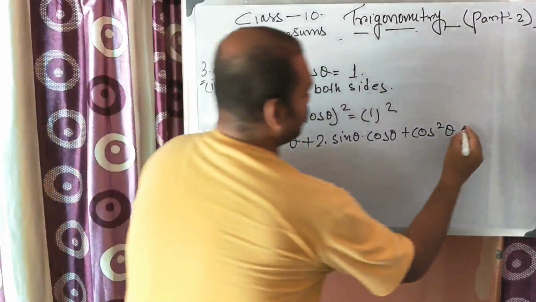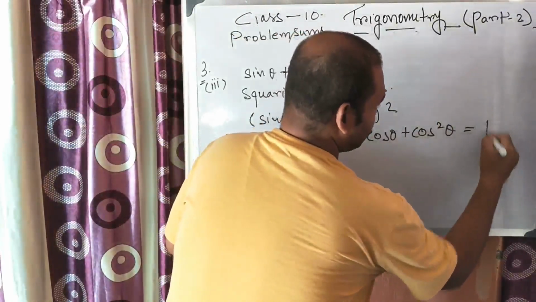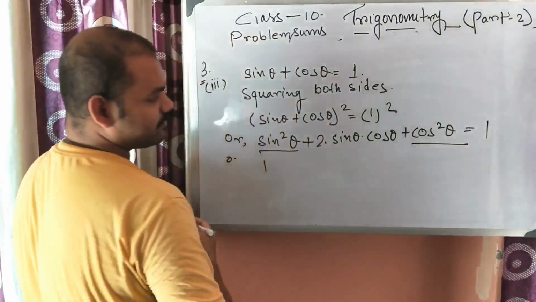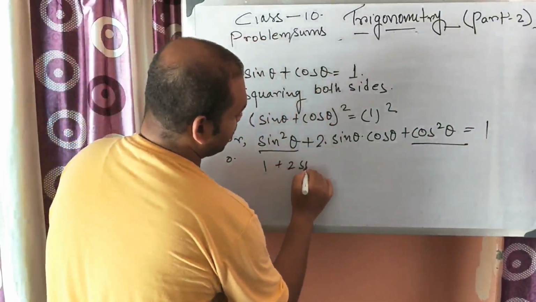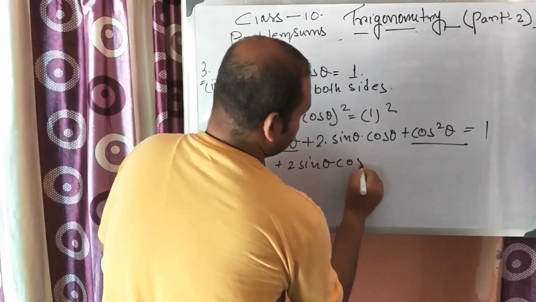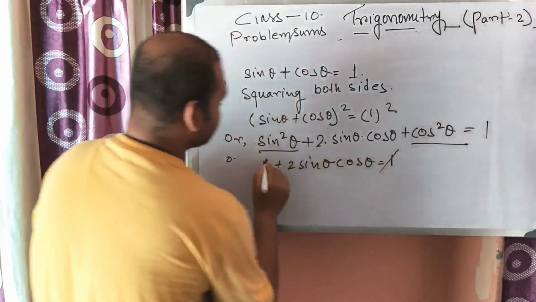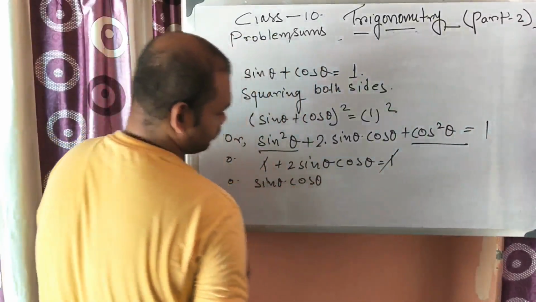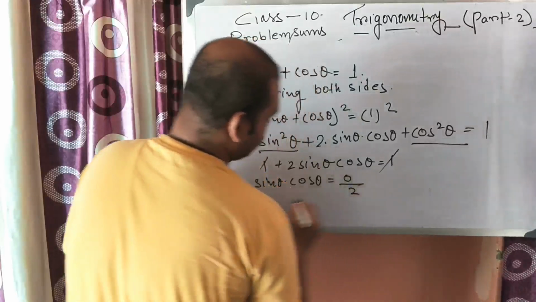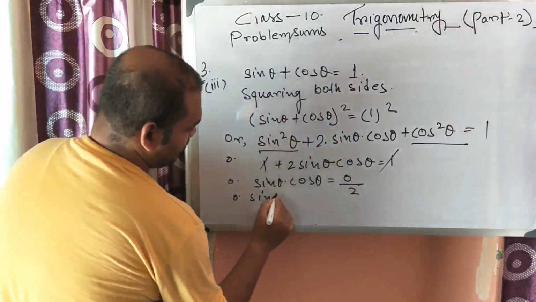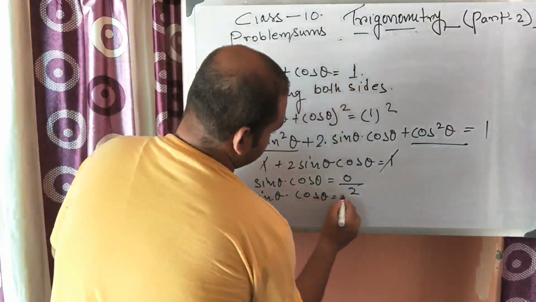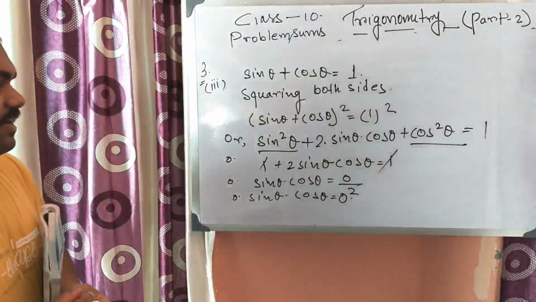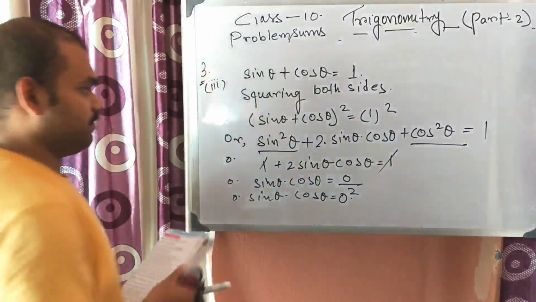I know you all know it. So 1 square is 1. Now sin square theta plus cos square theta is 1, plus 2 sin theta cos theta is equals to 1. Now 1 cancels out, so sin theta into cos theta is equals to 0/2. That is, sin theta into cos theta is equals to 0. So this is the value of sin theta into cos theta.